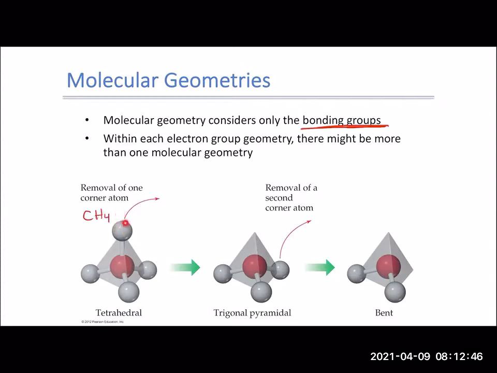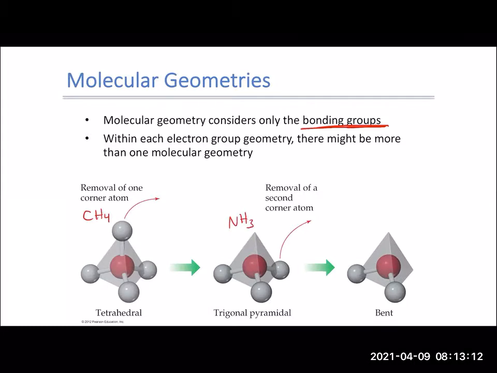If I remove one of these atoms and I replace it with a lone pair, I end up with trigonal pyramidal. So now I have 3 atoms bonded to it and 1 lone pair. Since we don't consider the lone pairs when we do molecular geometry, nothing gets put at the top of the pyramid here. And this could be something like the ammonia that we just saw.